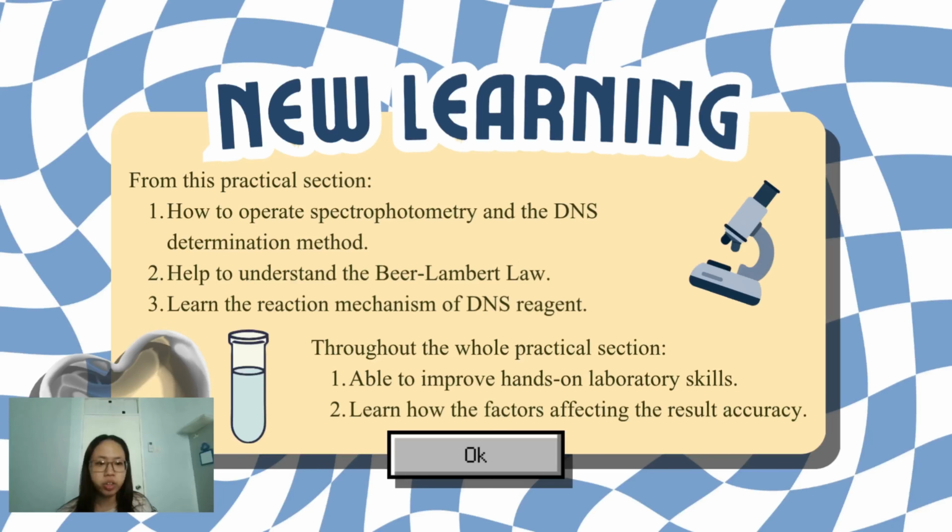This practical also improves our laboratory skill, such as preparing several dilution, using micropipette accurately, and operating a spectrophotometer correctly. In addition, we learned that the factors like temperature, boiling time, cooling process, and pipetting accuracy can affect the accuracy of the experimental result.